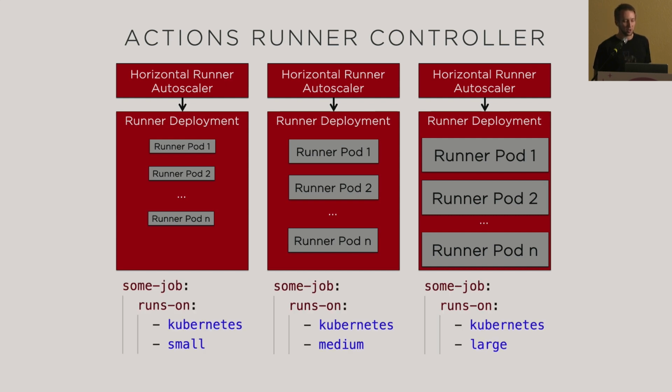So each of these runner deployments has different sizes, and we can specify that a job should run on a specific one by using these runs-on labels. So I've oversimplified it a bit, but you could think of it as we essentially have a small, medium, and large, and then when you write a job, you can say my job should run on the small one, the medium one, or the large one.